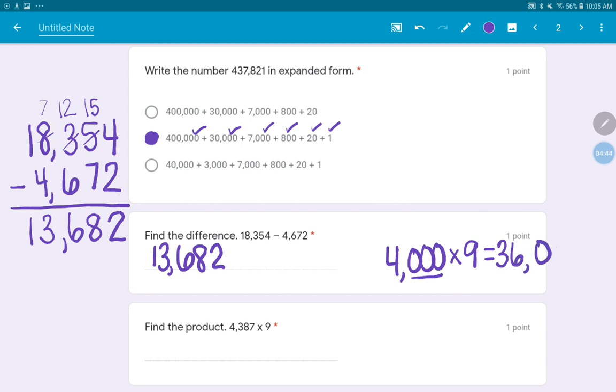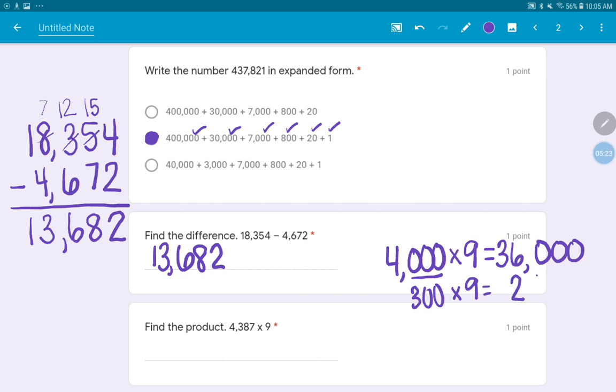And we have 3 zeros to add. Okay. Then what? 300 times 9 is 2,700. 3 times 9 is 27.